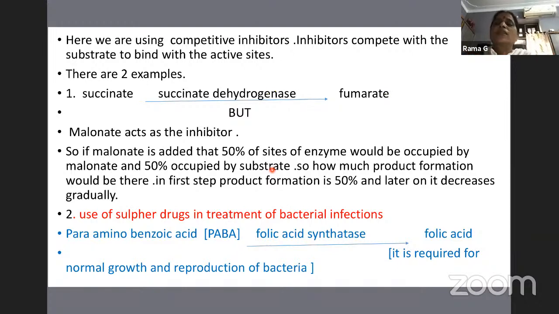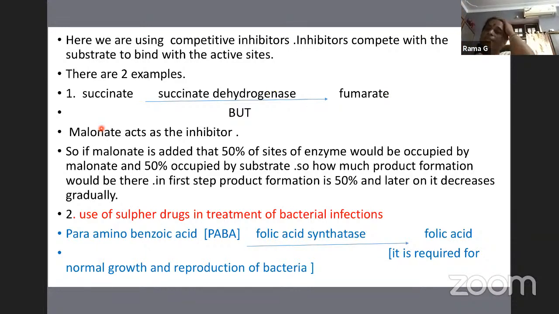So what we have to understand is that in the presence of these inhibitors, the rate of reaction gradually decreases, or the production of end products gradually decreases. So these are the competitive inhibitors.